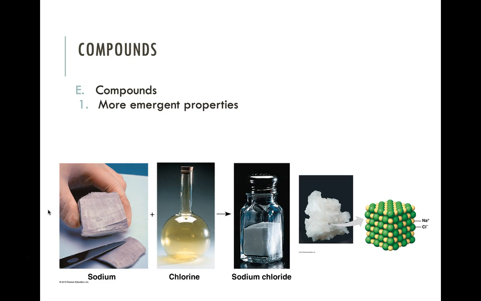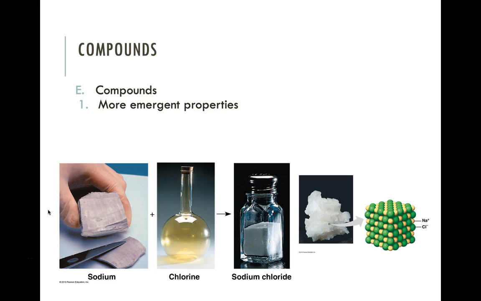So when they're combined in the right ratio, when they mix together properly, we get a completely different element. So over there on the right-hand side, we see the arrangement of sodium and chlorine that gives us sodium chloride or table salt.